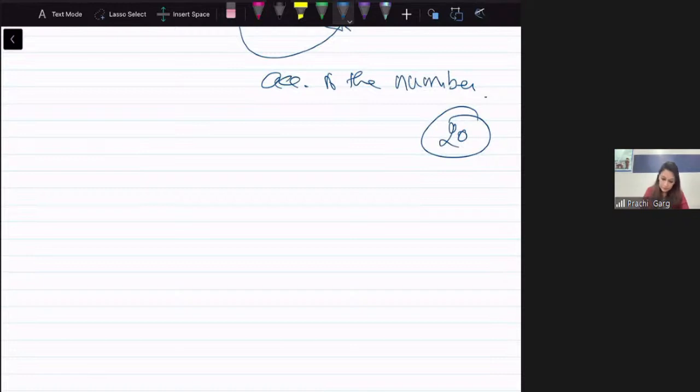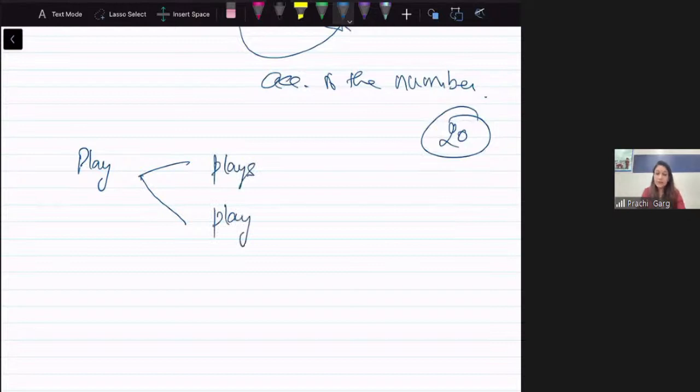I'm writing two forms of verbs here. For example, the base form of the verb is play. I have written play in two forms, plays and play.